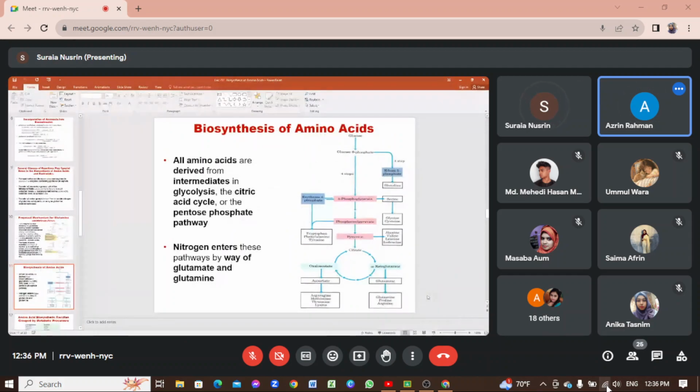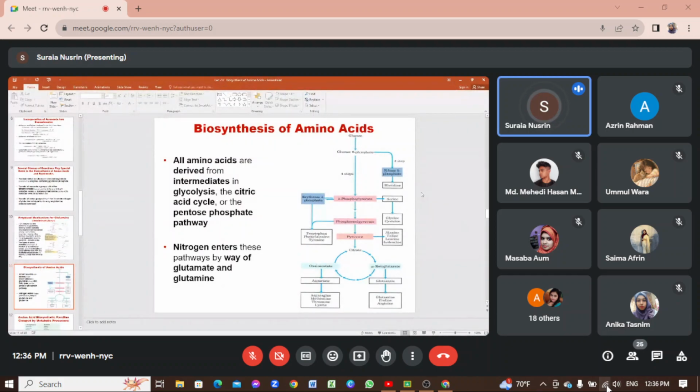Okay, now the biosynthesis of amino acids. We know that there are 20 amino acids. All of these amino acids are synthesized from the intermediates of glycolysis, the citric acid cycle, or the pentose phosphate pathway.